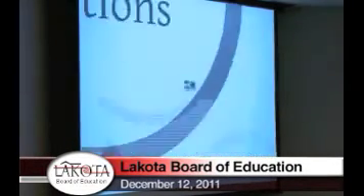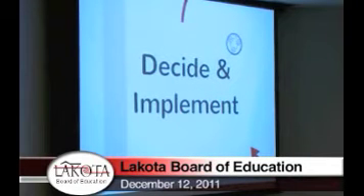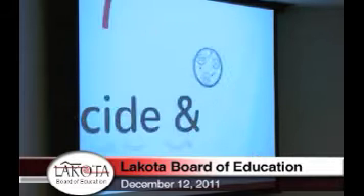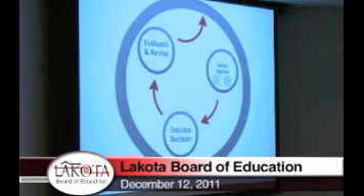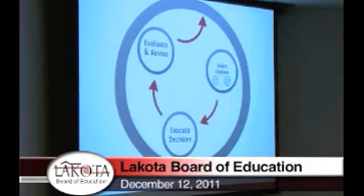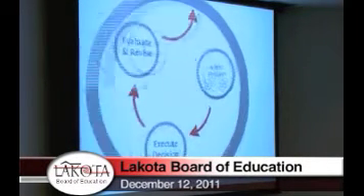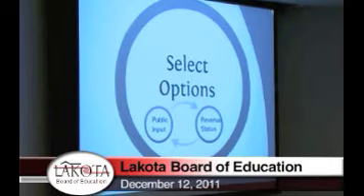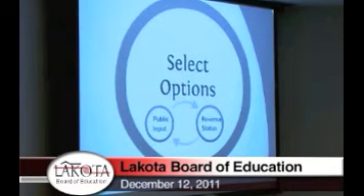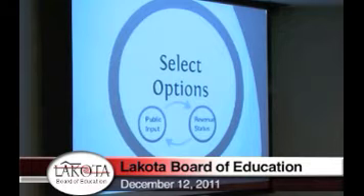The next part is to decide and implement. This is a really important process because as we move through these circles, we will have to take a look at the options, and if you'll zoom into the options, that's a part when we're at the options, we have to solicit public input.